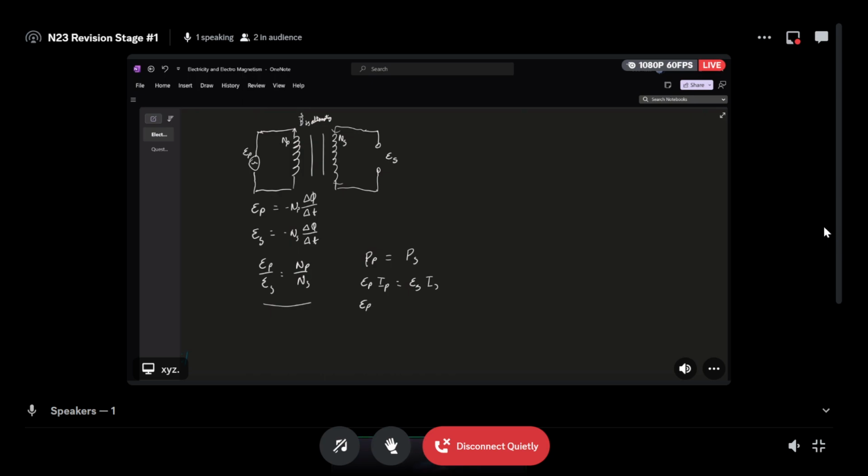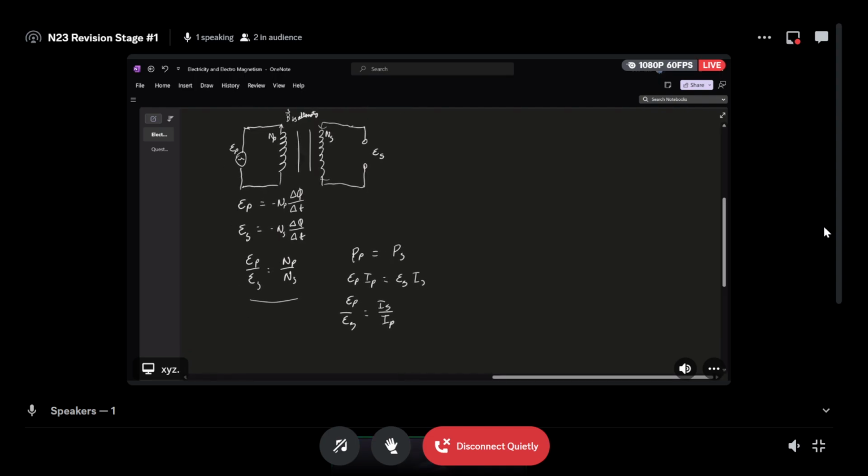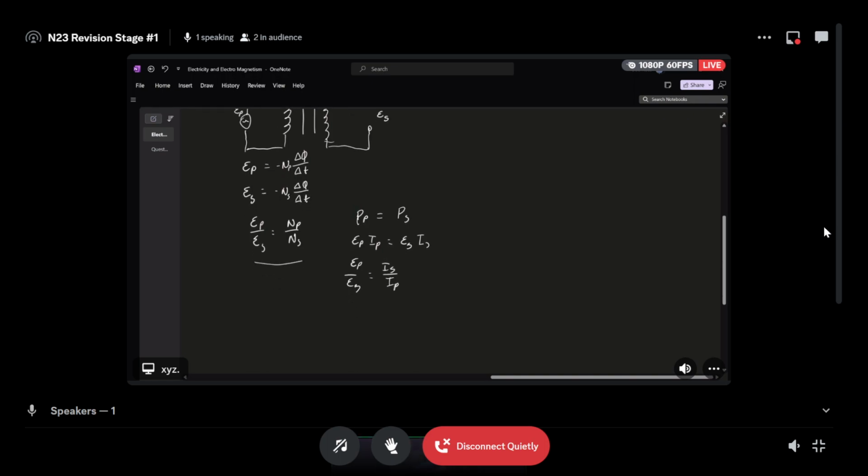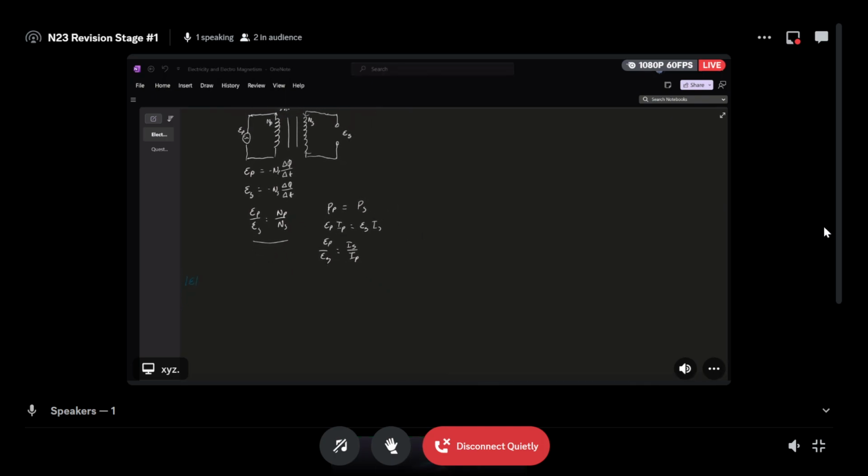So you get EP over ES equals IS over IP. Okay? Because power is constant in an ideal scenario, and if power is constant, voltage and current are inversely proportional.